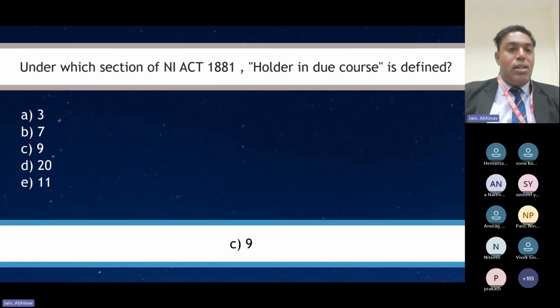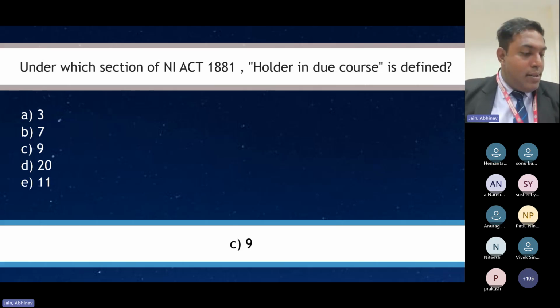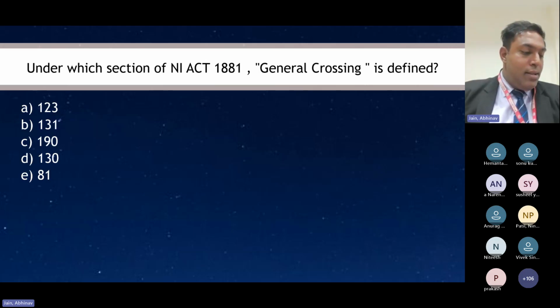Holder in due course is defined under section 9 of the NI Act 1881. Okay. Let us proceed to the next question. Under which section of the NI Act 1881 is general crossing being defined? Here are the options on your screen.